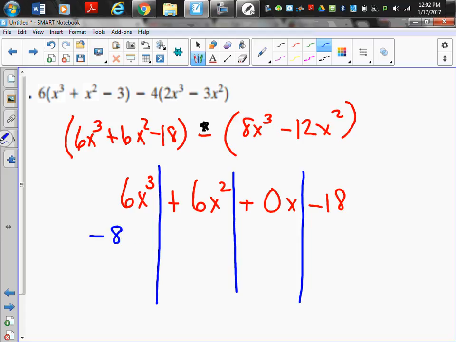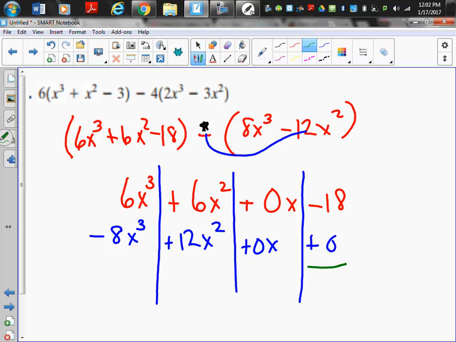So the opposite of negative 12 is 12x squared, and that's positive. How many x's do I have? 0. So plus 0x. How many just constant numbers do I have? 0. So plus 0. All right.